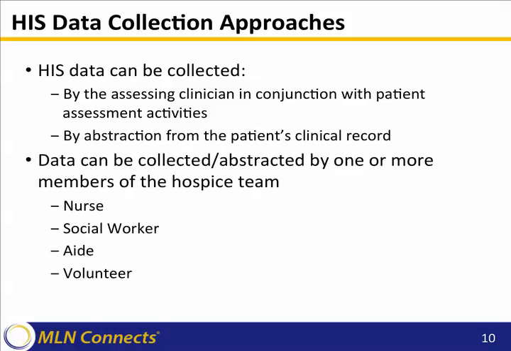Alternatively, HIS responses can be selected through a process of data abstraction where a member of the hospice team reviews the paper or electronic clinical record and selects responses to the HIS items based on clinical documentation. Any member of the hospice team may collect or abstract HIS data, including a nurse, social worker, hospice aide, or volunteer. Hospices are free to use either or both of these data collection approaches based on organization preference and policy.